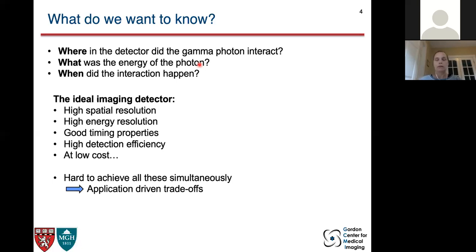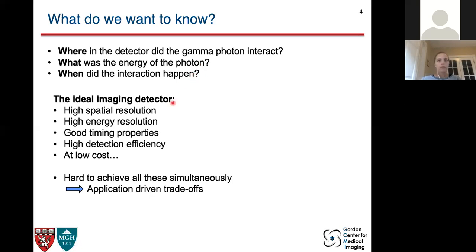That's why we want to reject the event, because we can't tell anything about the origin of the photon by using it. And the second thing that happens is that the scattered photon will have a lower energy compared to the original photon. And this can be used to differentiate between unscattered events that we want to keep and scattered events that we don't want to keep.